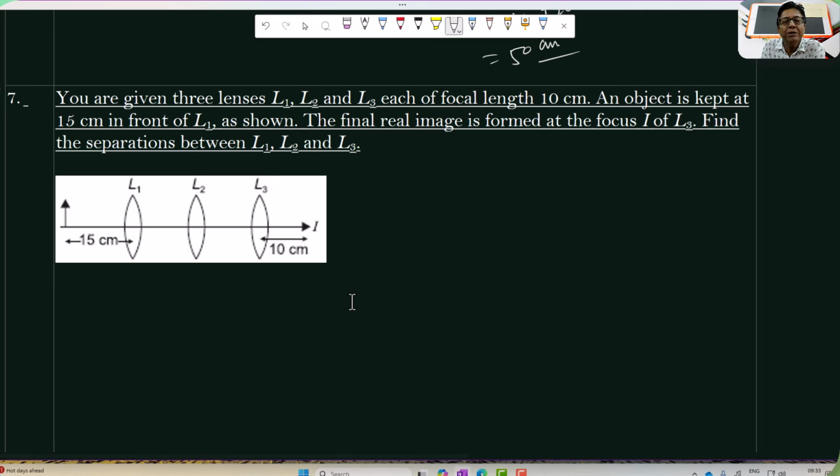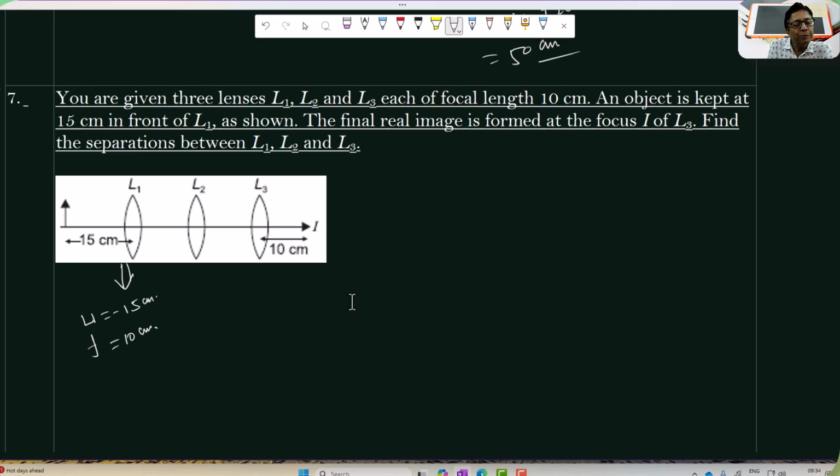For this one, the focal length is 10 centimeter, the object is kept at 15 centimeter. So for this lens, let us start first. Here, U equal to minus 15 and F equal to 10, plus obviously.